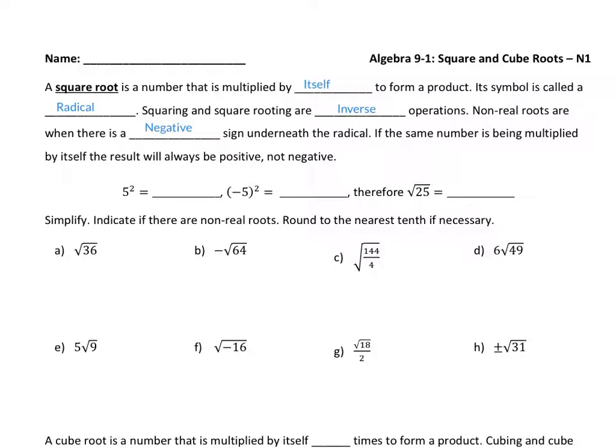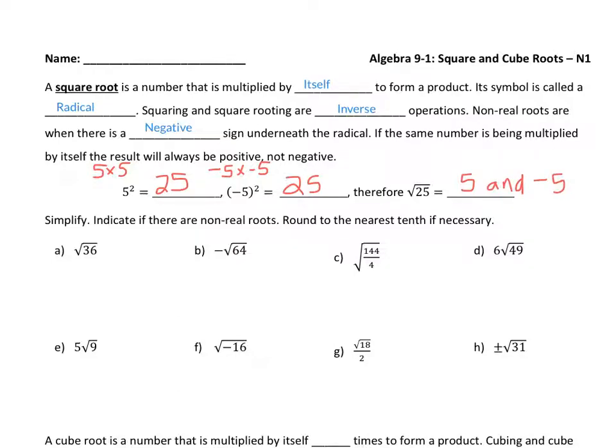So 5 squared is really 5 times 5, which is 25. Negative 5 squared is negative 5 times negative 5, which is also 25. Therefore, square rooting 25, your answer could be both positive 5 and negative 5.